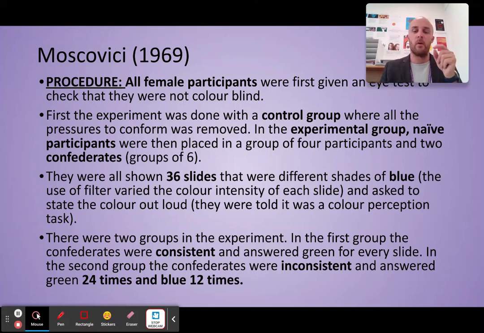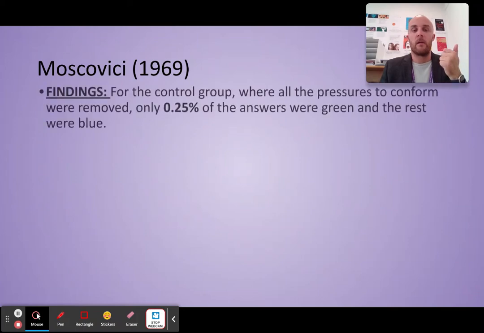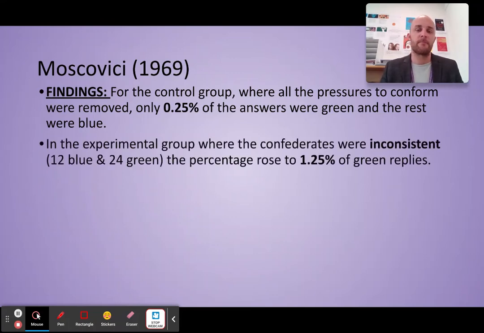But remember, all of the slides were actually shades of blue. The control group had no minority in the group. It was just 4 actual participants.